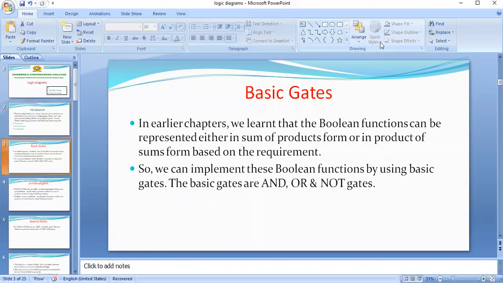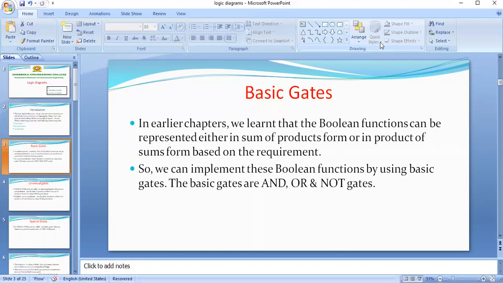What are basic gates? We know that any Boolean expression we can represent either in sum of products form or in product of sums form. If you want to design a circuit using either SOP or POS, we can implement that type of Boolean function by using only AND gate, OR gate, and NOT gate.